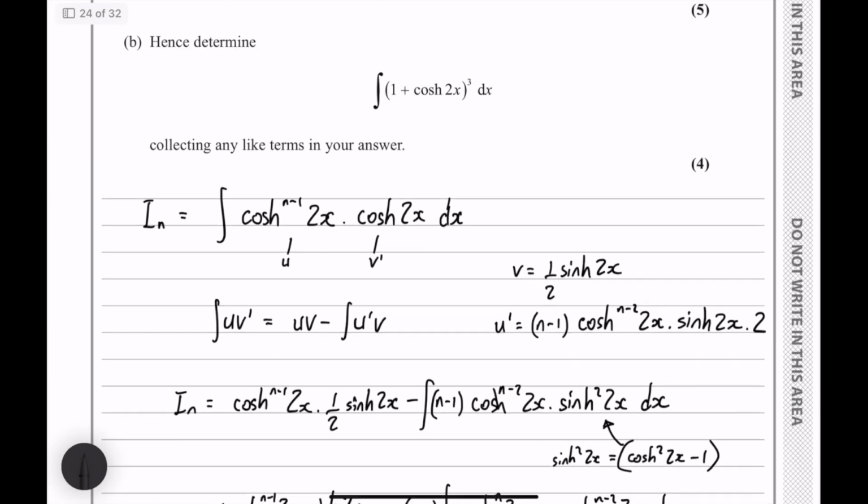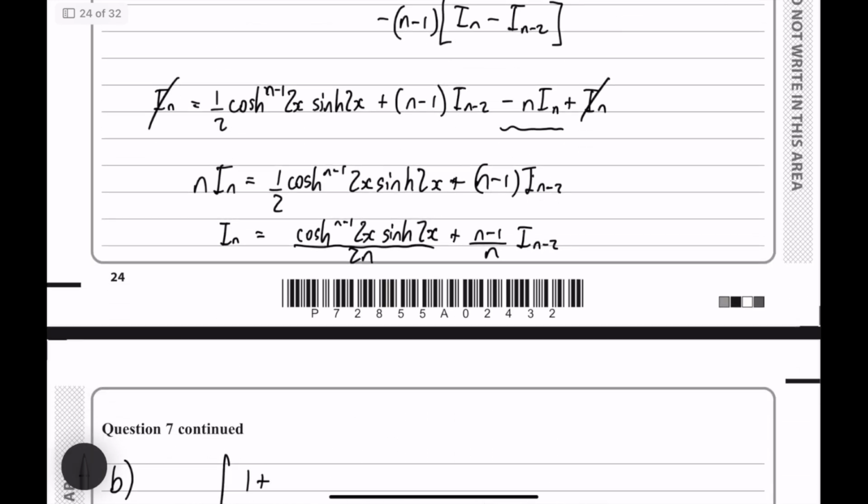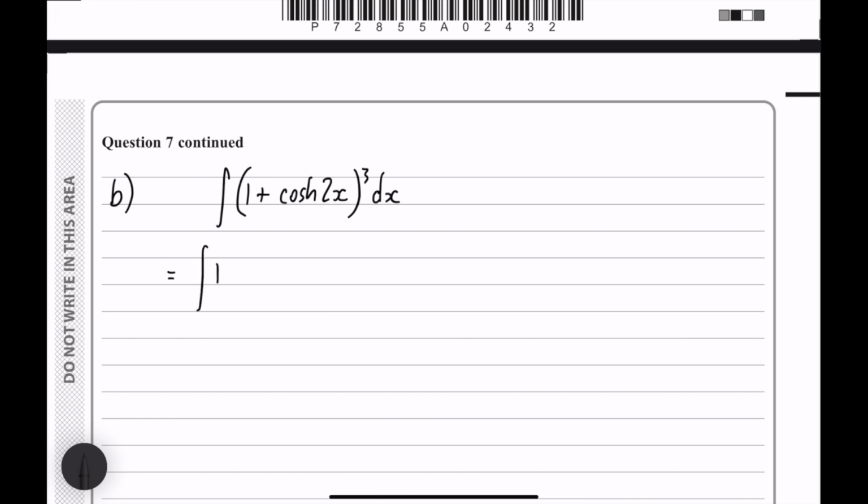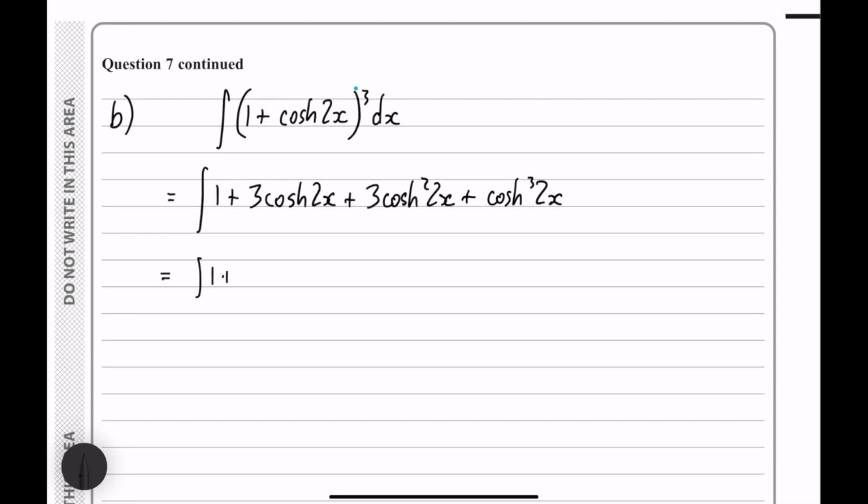Part B, integral 1 plus cosh 2x cubed, and that will equal the integral 1 plus 3 cosh 2x plus 3 cosh squared 2x plus cosh cubed 2x, which is the integral of 1 plus 3 cosh 2x, and then finishing the integral there, we add 3 lots of I2 plus 1 lot of I3.